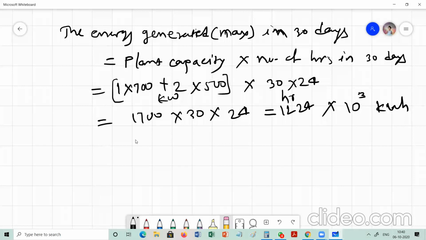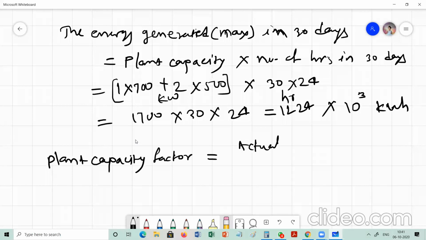But they have given the plant capacity factor. Its formula is plant capacity factor is equal to actual energy generated divided by maximum energy that can be generated. In the first chapter we have seen these formulas.